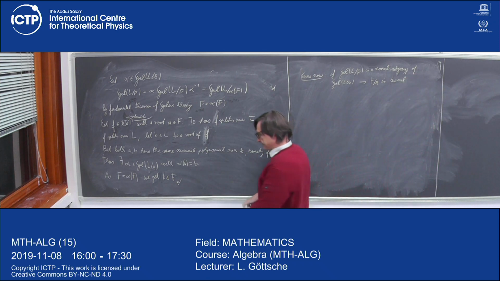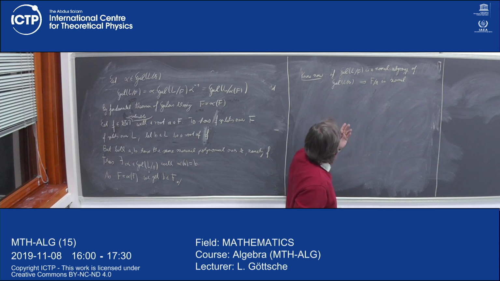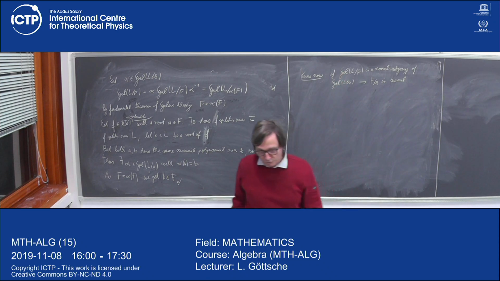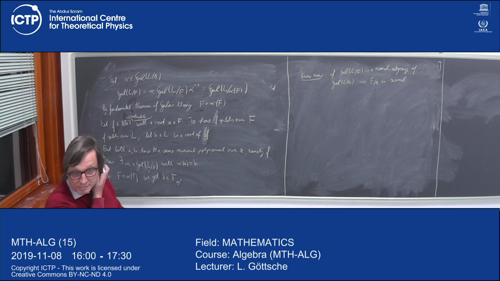So one thing we can ask ourselves, what is the Galois group of this extension? Somehow we should be able to express it in terms of these two, one would hope. So what could be the answer?